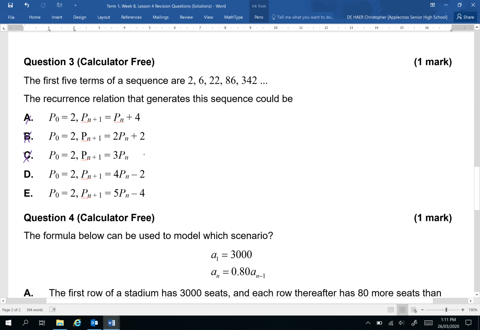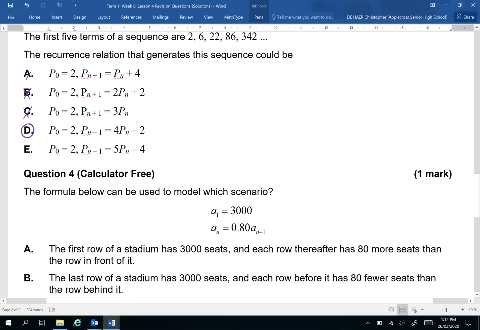We can try D. 4 times 2 is 8, subtract 2 would give us 6. 4 times 6 is 24, take 2 would give us 22. So this looks promising. 4 times 22 is 88, take 2 will give us 86, so it appears that D is going to be the correct answer, which it is.